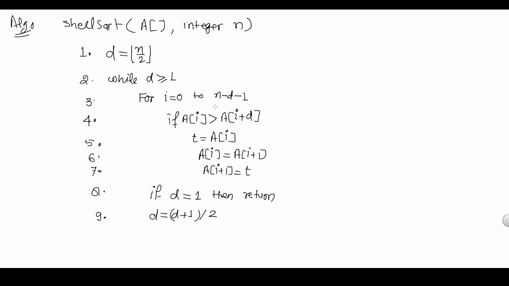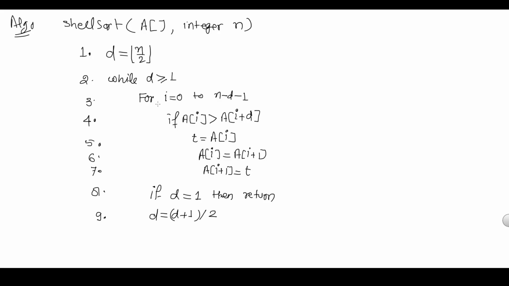Then i will be incremented by 1 and we will compare all the values. If this is greater, then we will swap the values. All these three statements are one below another, at the same distance from the left indentation.